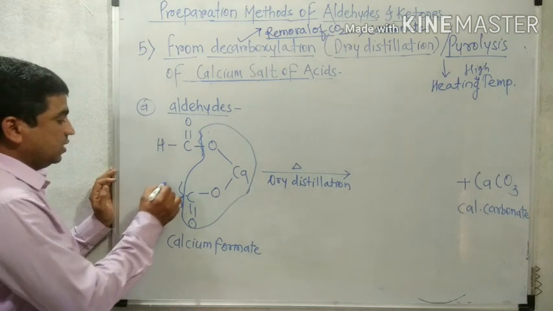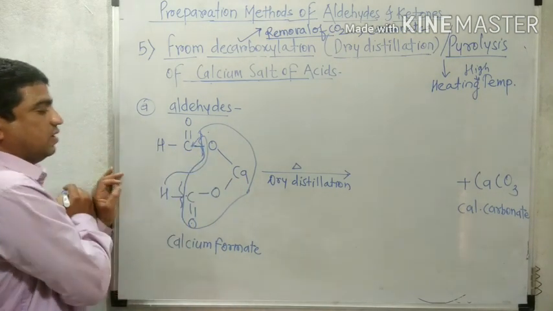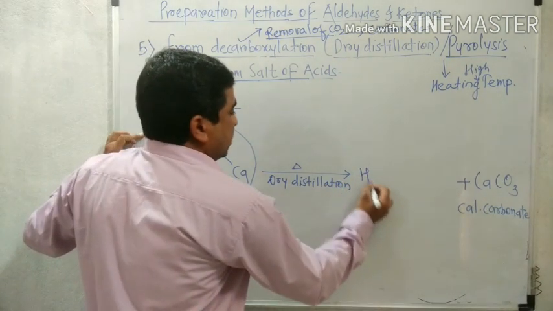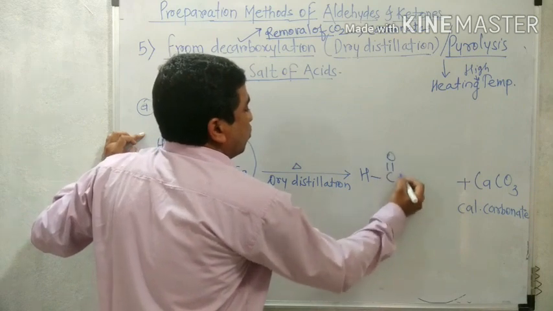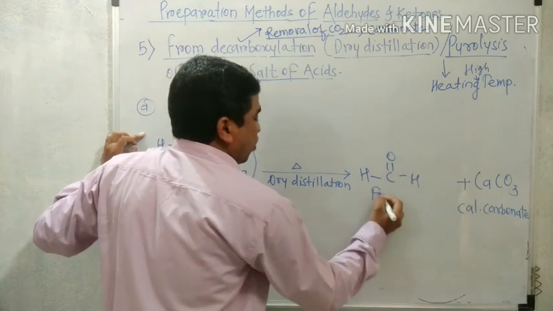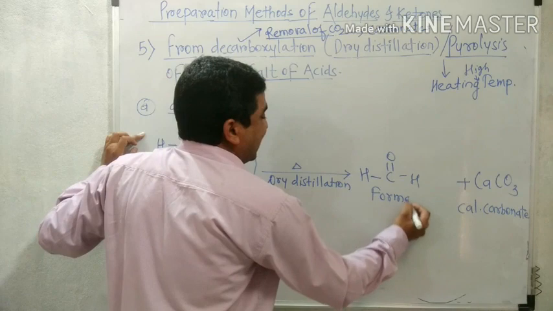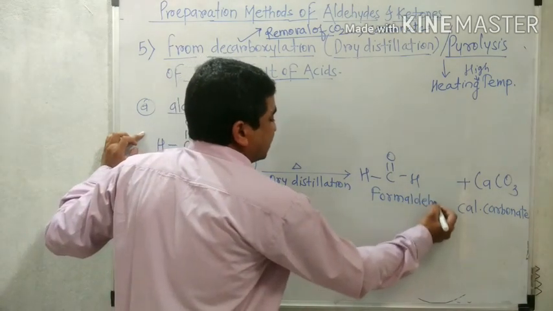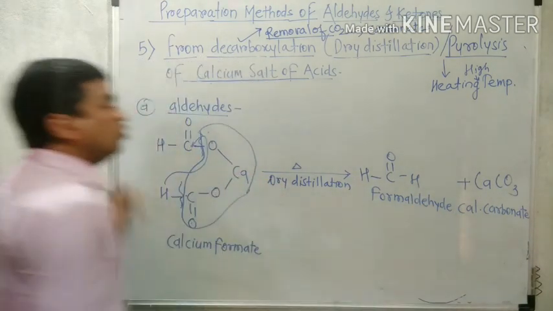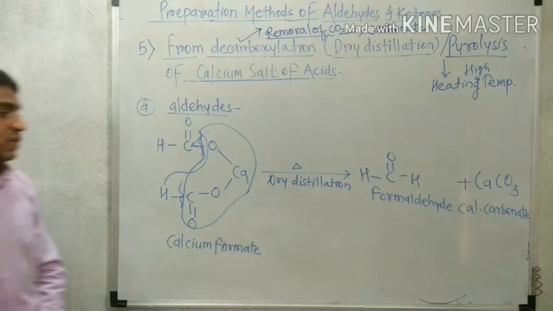So what remains? This hydrogen gets attached with this carbon. So HC double bond OH, formaldehyde, is obtained as a product in the reaction. So how to prepare formaldehyde from this process?